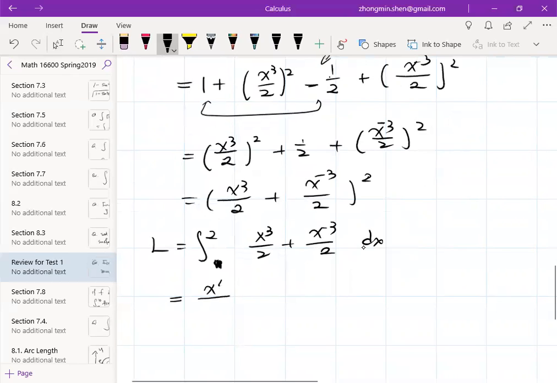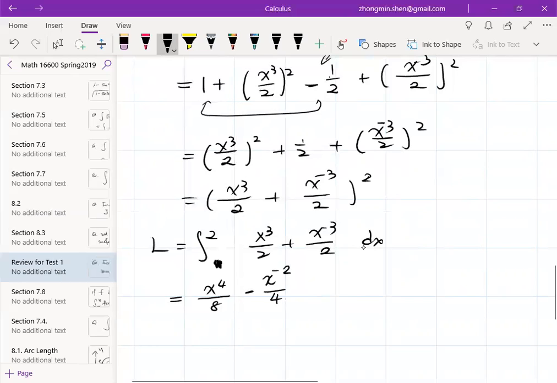Antiderivative of the function is x to the 4th over 8. And I think I'm going to get this. Okay. So find the derivative, double check, the derivative is going to be positive 2 over 4.